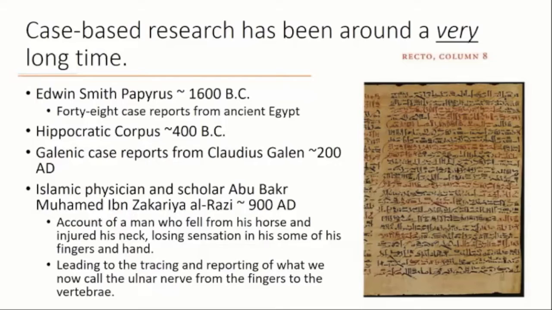So for example, in this one here by Al-Razi, he talks about a gentleman who fell from a horse and had an injury to his spine and the cervical spine. And then he talked about the symptoms presented in the hand and how it was traced back to the cervical spine. And essentially it's what is known today. So all that information is in the early case reports.